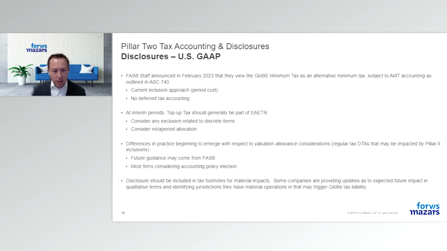Most firms are considering this an accounting policy election, and the disclosure should be included in the tax footnotes. That's one thing that we are working with our clients on. Some companies are providing updates as to what they expect the future impact of Pillar 2 would be, but there is a disclosure included in the footnotes relating to any Pillar 2 tax liability.